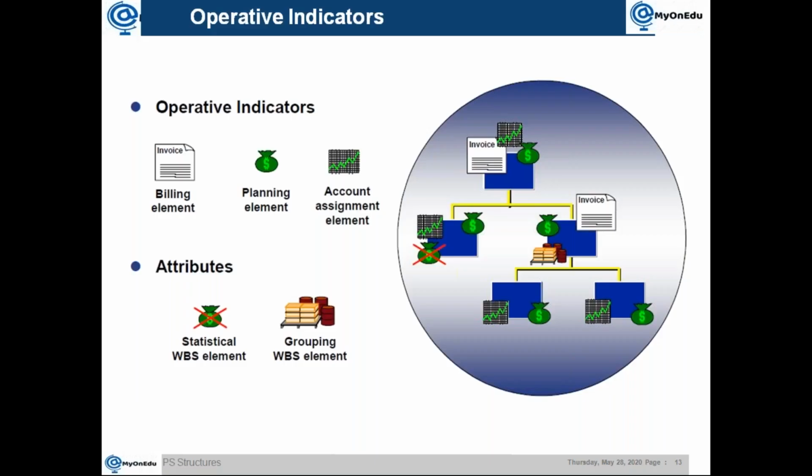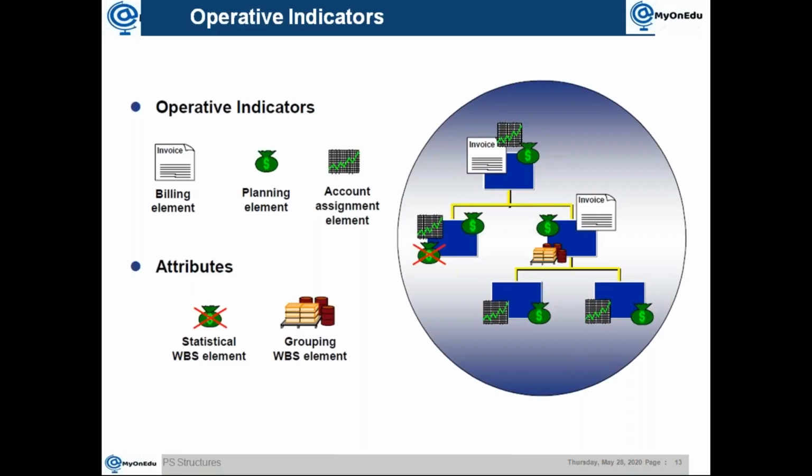For that purpose, you use the planning element. If the planning element is not active, the system will not allow you to do hierarchical cost planning. There are other methods, so don't confuse them. For example, if you are doing network costing or something else, then the planning element is not relevant for that.